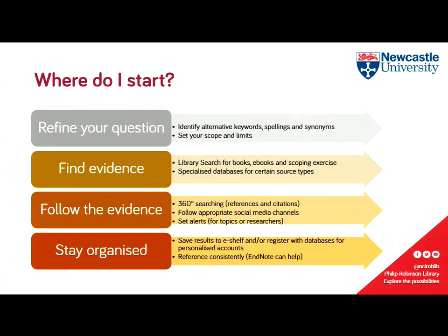And then with staying organised, Anne's already mentioned referencing and EndNote to you. And so all of this together, these two lectures and the workshop, will work together so that you're all set up to start with your research questions.